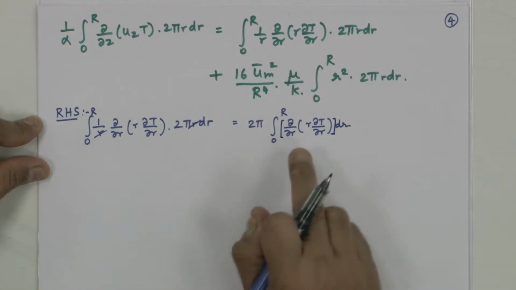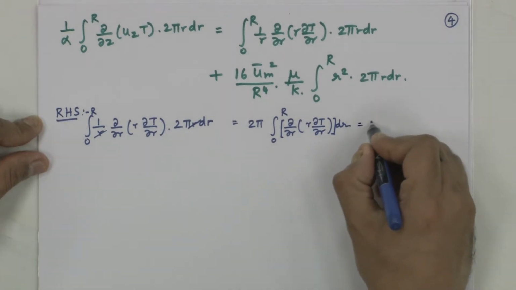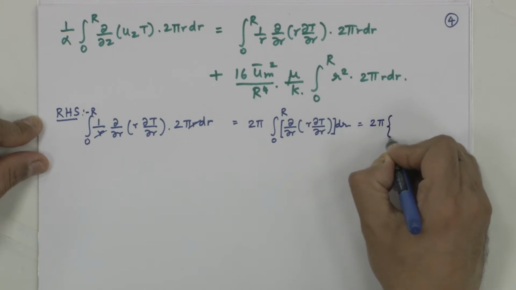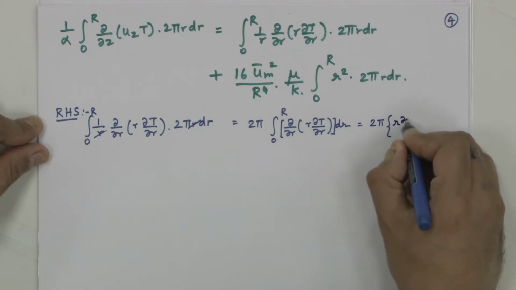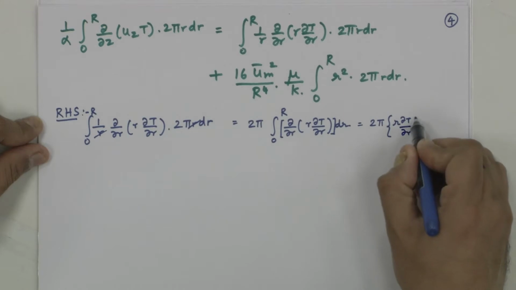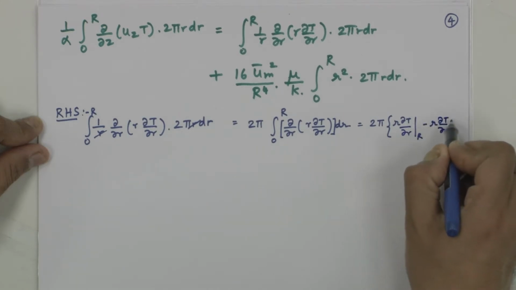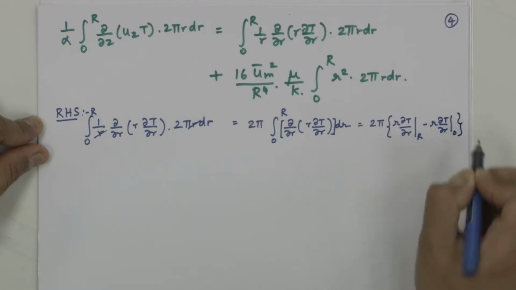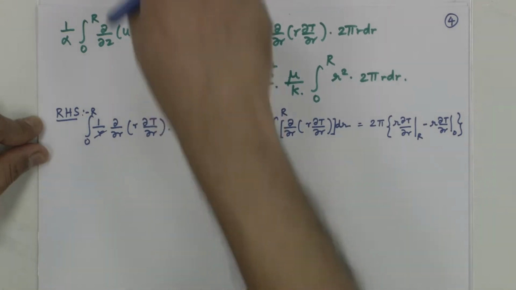What does this mean? Integral and differential. So, what you get is nothing but 2 pi times r dT by dr evaluated at capital R, minus r dT by dr evaluated at the center line, r equal to 0.